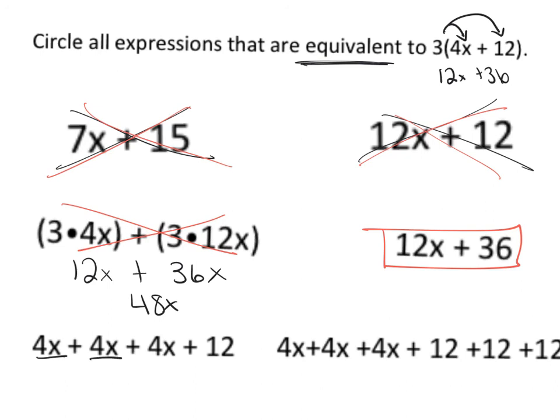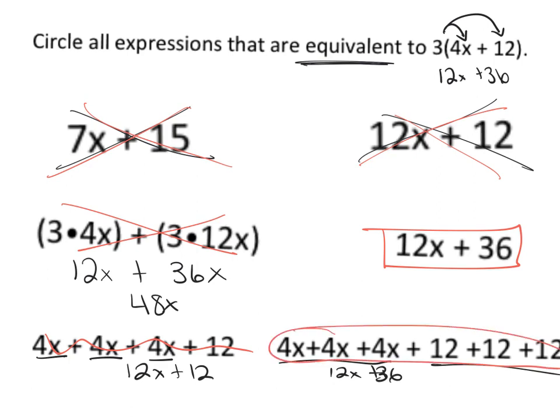So 4x plus 4x plus 4x is, or sorry, no, it's not, it's 12x. I didn't mean to put 16. 12x plus 12. And so that one doesn't fit either. That one's wrong. So then we have 12x here plus 12, that would be 36. So this last one is also an equivalent form of the 3 distributive property of 4x plus 12.